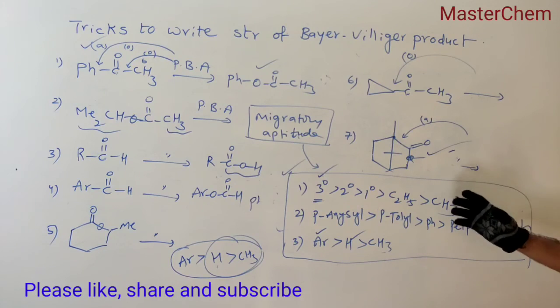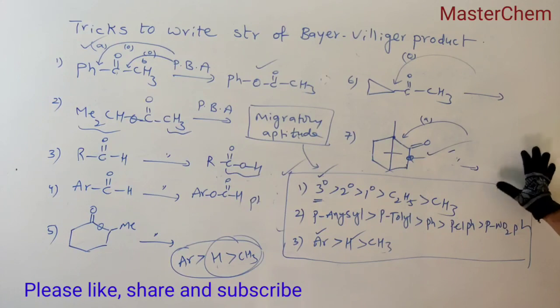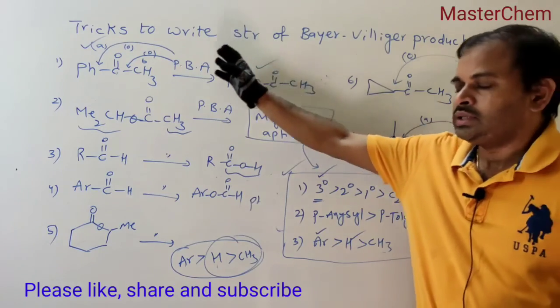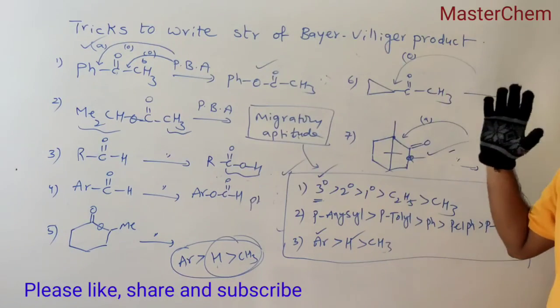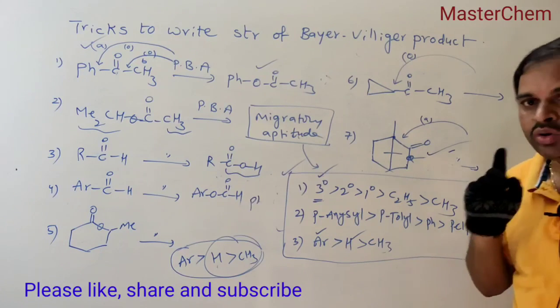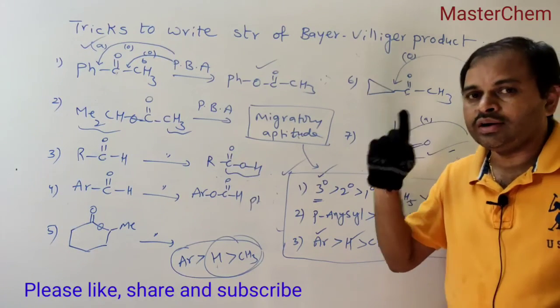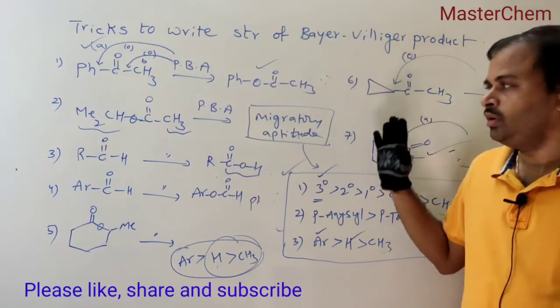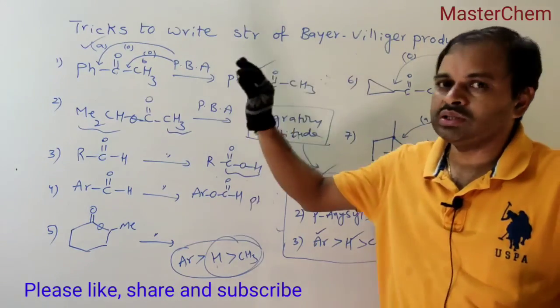This is the nature of the Baeyer-Villiger oxidation product and a simple trick to write its structure. You must remember two points. One is that it is an oxygen insertion oxidation: only oxygen is inserted.